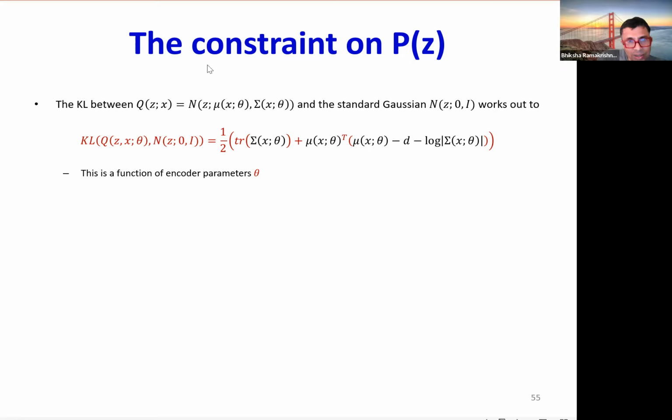You're drawing samples from this one, but you're maximizing their likelihood with respect to the other, correct? So you take the log likelihood on the standard Gaussian, and you take the expectation with respect to this Gaussian, right?